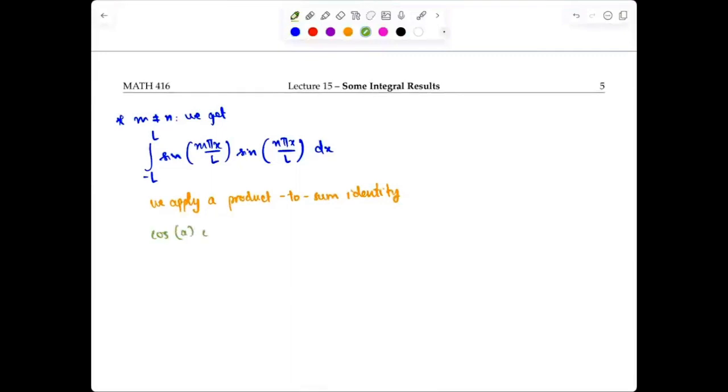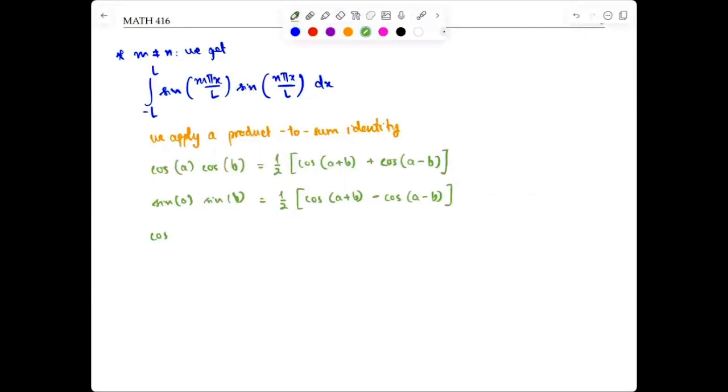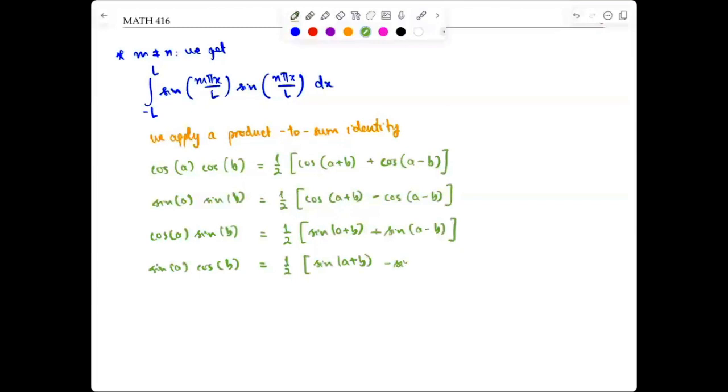Cosine of A times cosine of B is equal to 1/2 times cosine of A plus B plus cosine of A minus B. Sine of A times sine of B is equal to 1/2 times cosine of A minus B minus cosine of A plus B. The third one is cosine of A times sine of B, which is equal to 1/2 times sine of A plus B plus sine of A minus B. And the last one is sine of A times cosine of B. This gives you 1/2 times sine of A plus B minus sine of A minus B.